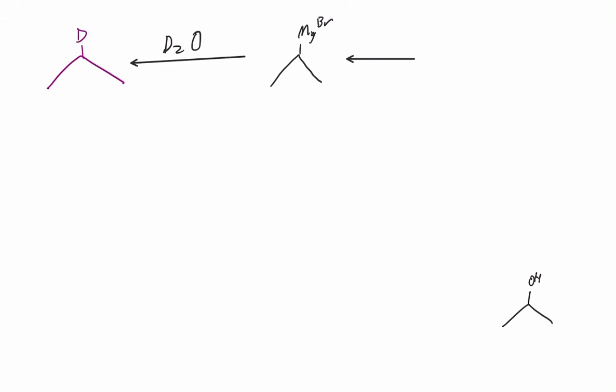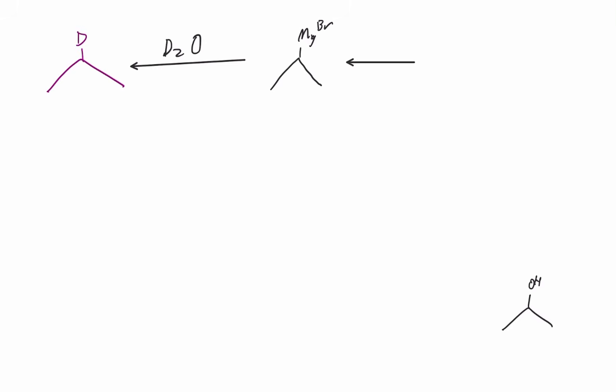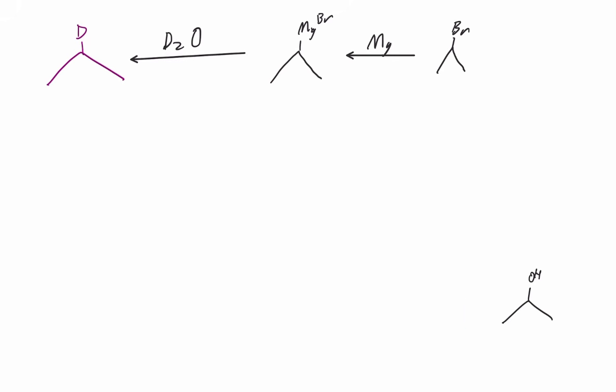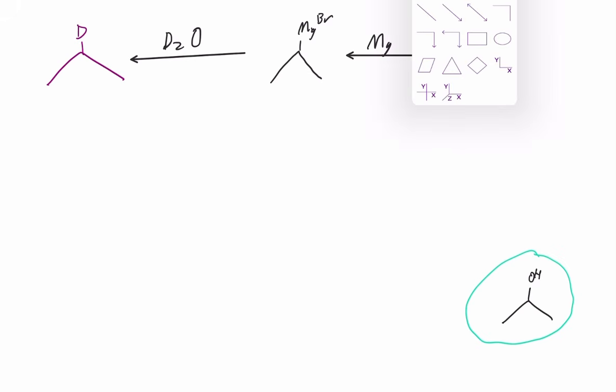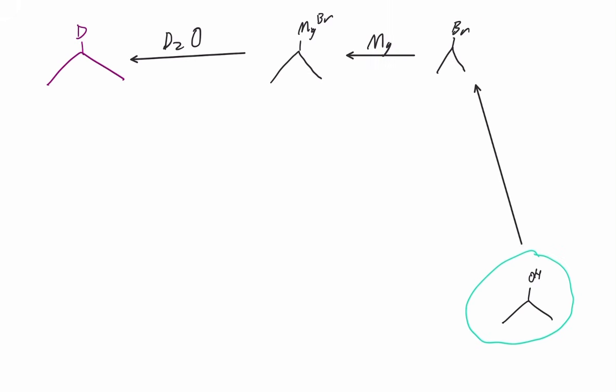Now, continuing to think backwards, at this point, it should become pretty procedural because we just need to think about how you create a Grignard. And that will almost always be by running magnesium through a starting material that is an alkyl halide. Now for our last step, we can recall that our starting material is an alcohol. So we simply need to convert an alcohol into an alkyl halide.